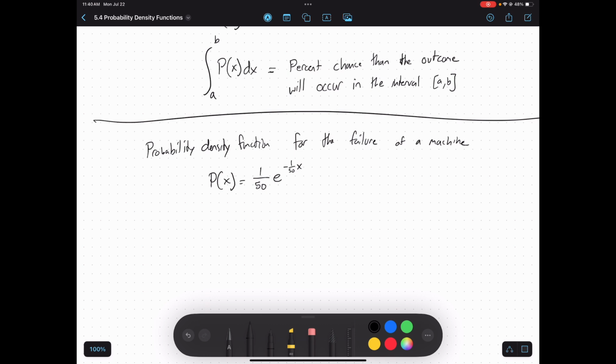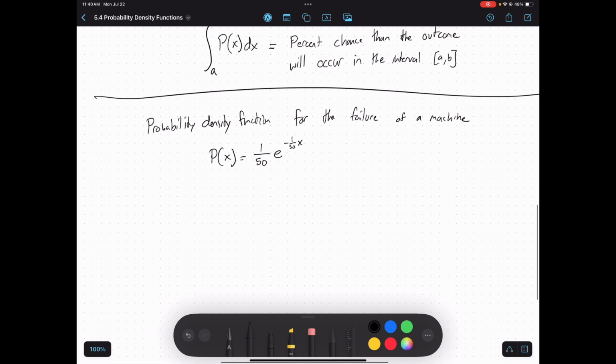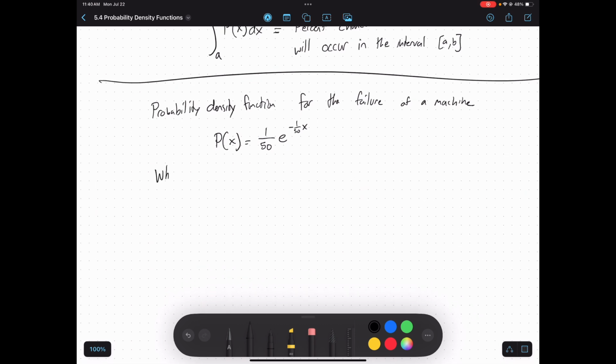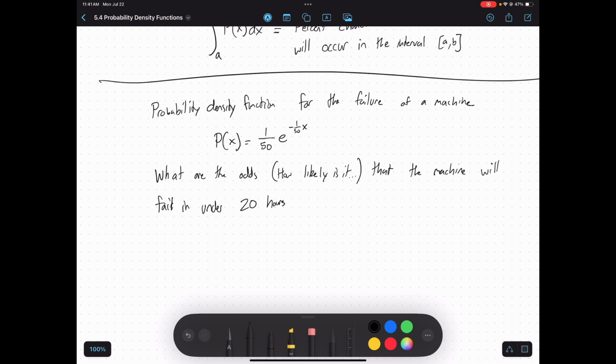So there's my probability density function. Let's say I ask the question, how likely is it that the machine will fail in under, let's say, 20 hours? Let's say x is time in hours.